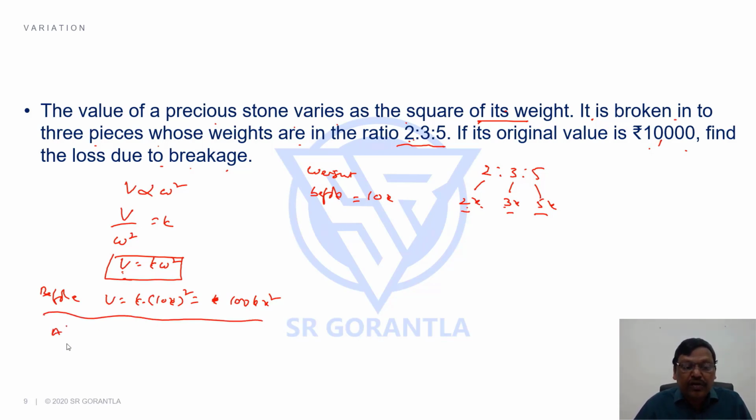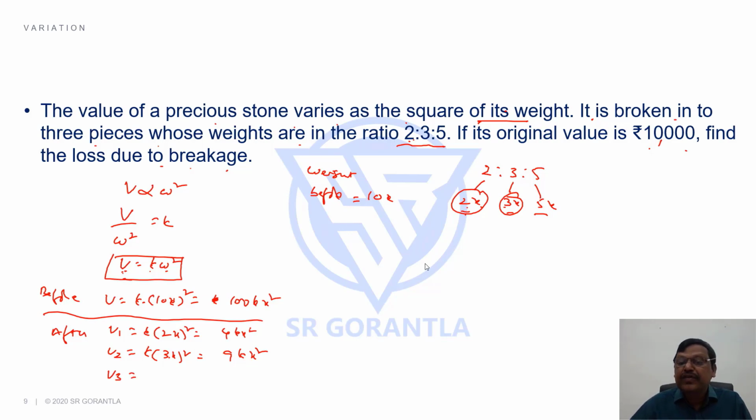The value of the pieces after it is broken: we have to take the first piece value. Its weight is 2x, so the value will be K into W square. K into 2x whole square, 4kx square. Now the value of the second piece will be V2 equals K into 3x whole square, which is 9kx square.